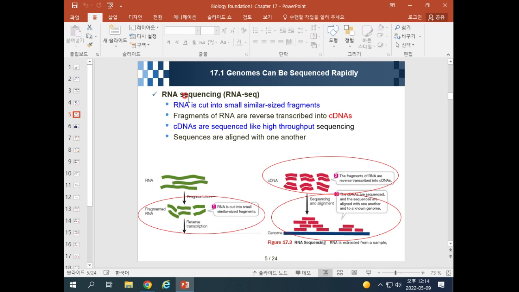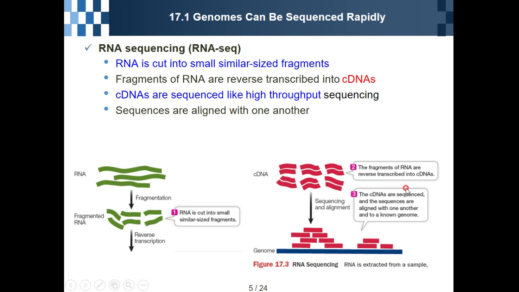So RNA-seq uses RNA, and everything is the same except for the reverse transcription. Fragments of RNA are reverse transcribed into cDNA. After that, we do the high-throughput sequencing, and then the sequence is aligned like this.